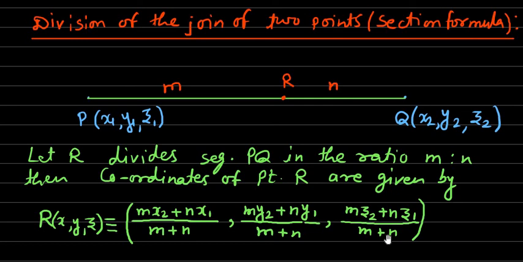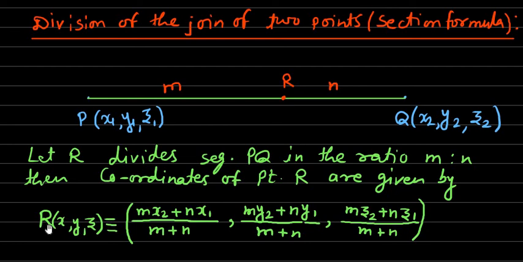So one special case of the section formula is the midpoint formula. What happens if this point R is at the middle of the line segment PQ, at the center point of PQ? Then the ratio PR/RQ will be 1/1, and the values of m and n will become 1.